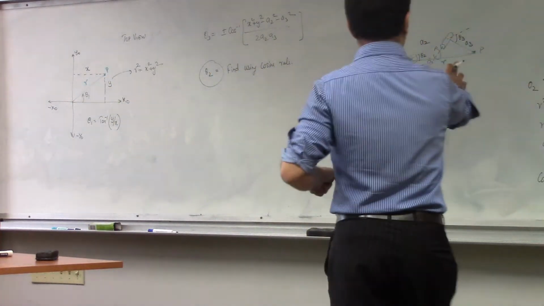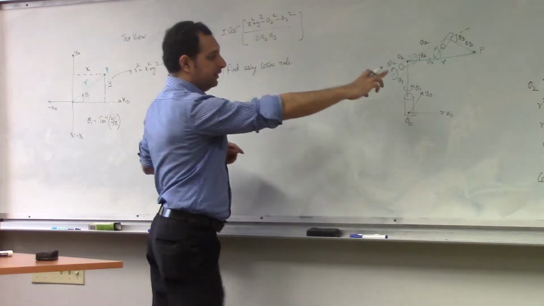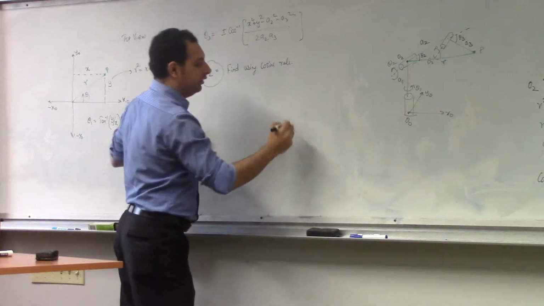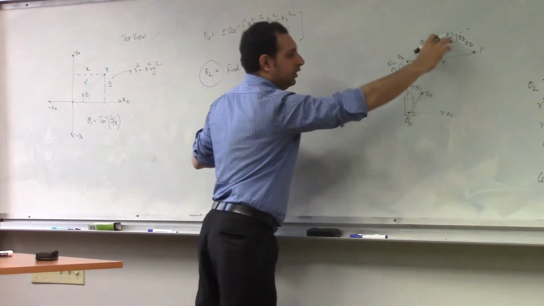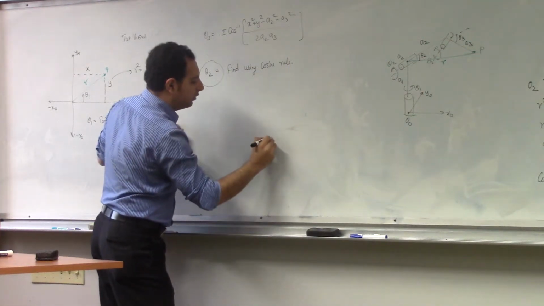See, the diagram looks a little different here, but if I draw the same thing, it will look like a 2 degree of freedom manipulator. So in this case, I have pointed it down like this. Let's say I draw it like this.